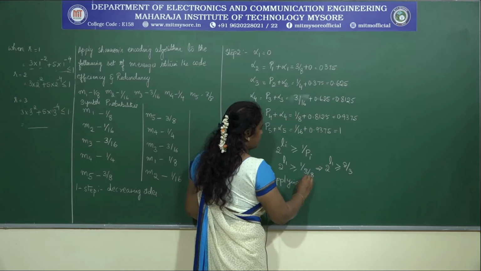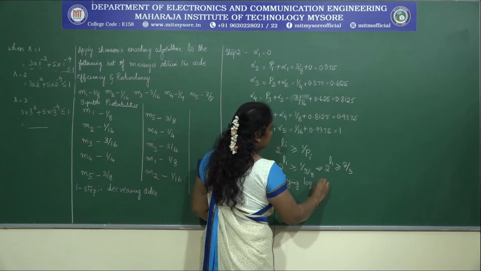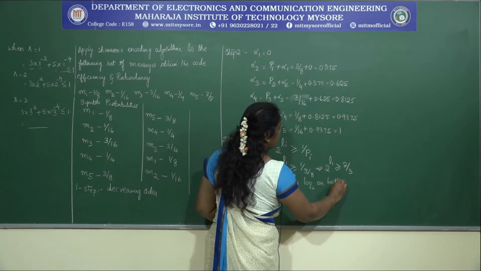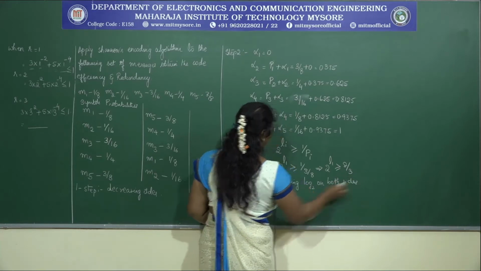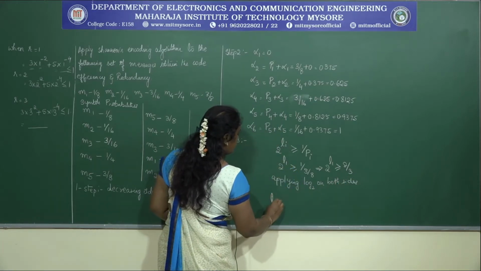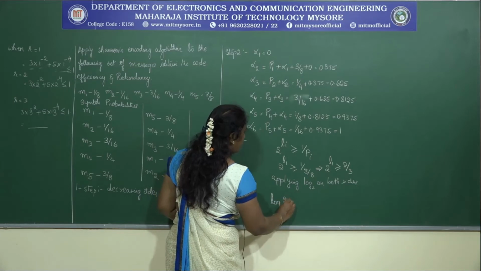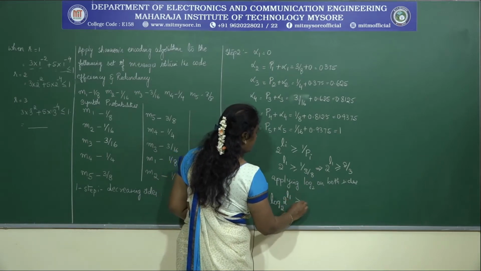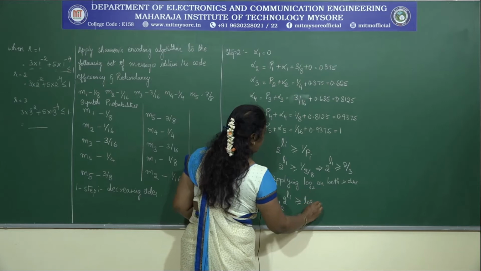So now applying log base 2 on both the sides, we get log base 2 of 2 to the power of L1 greater than or equal to log base 2 of 8 by 3.